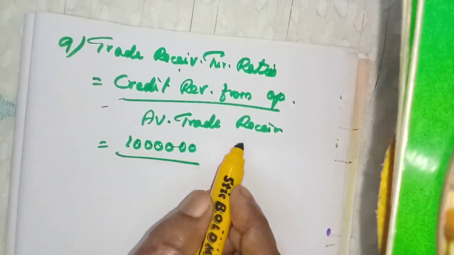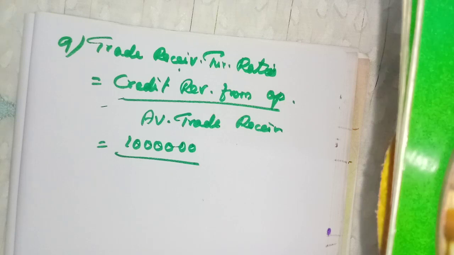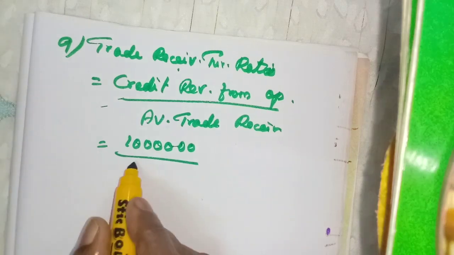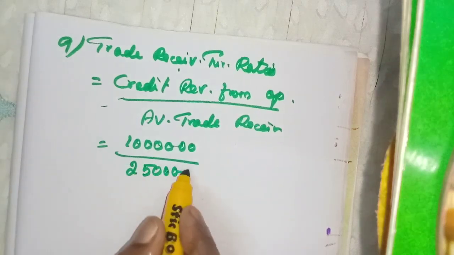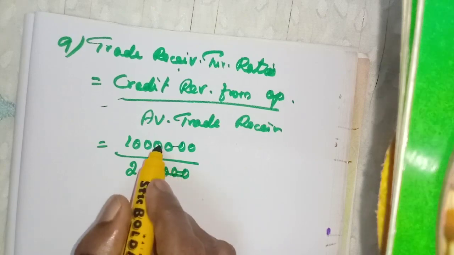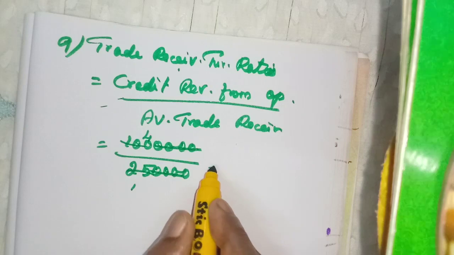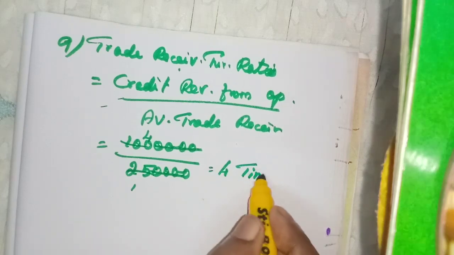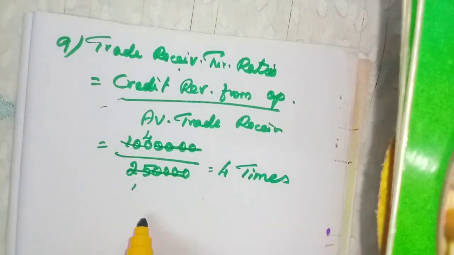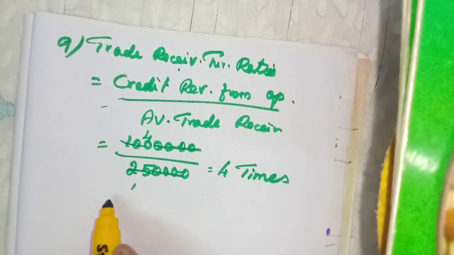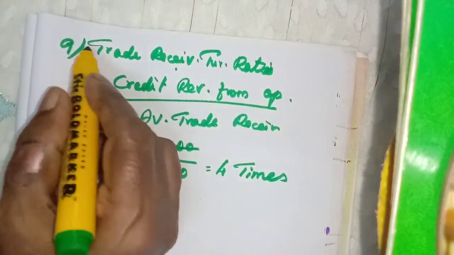Then average trade receivable: here they have given debtors and bills receivable at the end, only closing given. So we can add and take here 1,10,000 and 1,40,000, so it is 2,50,000. 40, 40. Here 4, 1. So 4 times. Now what is asked? Collection period, this is the first part.